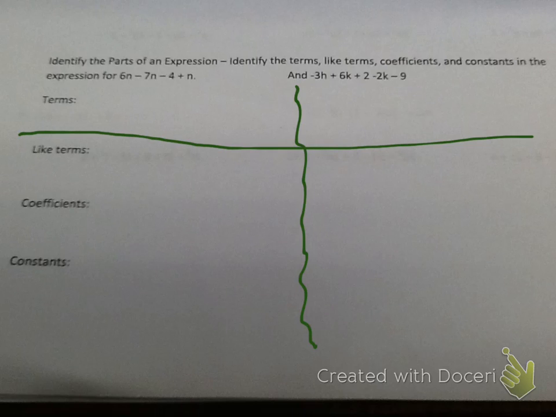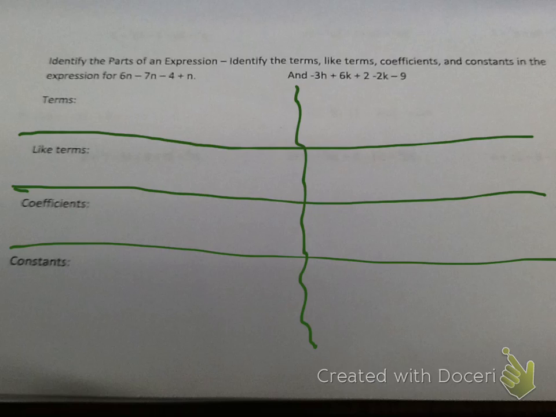Alright, identify the parts of an expression. Identify the terms, like terms, coefficients, and constants in the expression. So they're giving us two expressions where we have to say what's in each category. For this first one, 6n minus 7n minus 4 plus n.